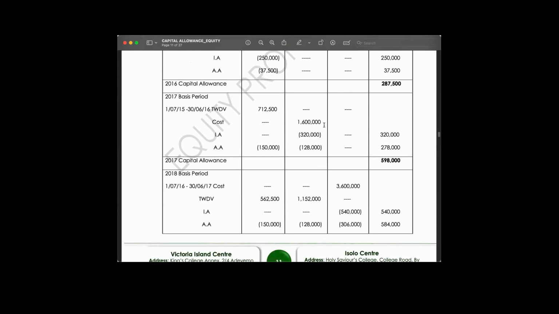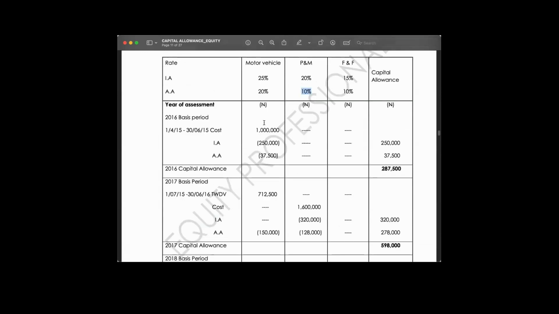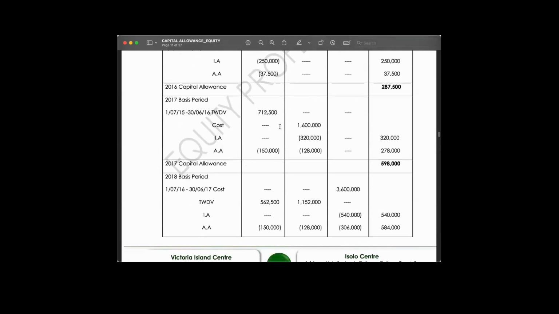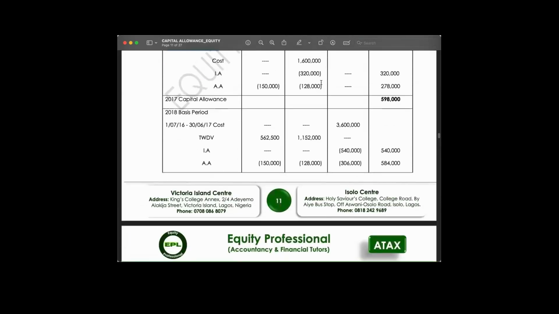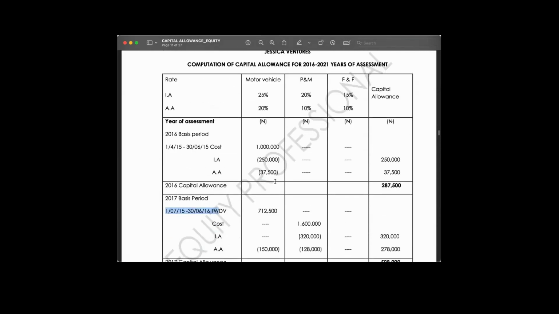Meanwhile, in my second year for motor vehicle, our basis period here is equal to 12 months. So we can't be having less than 12 months basis period. Okay? So I will now go back to the initial computation. I will not prorate because my basis period is all up to 12.